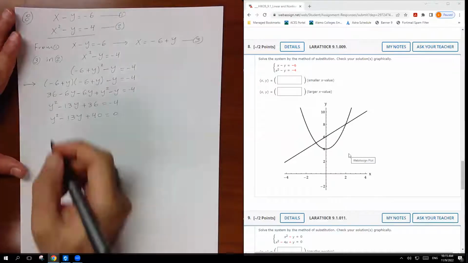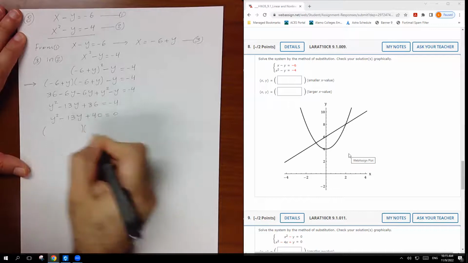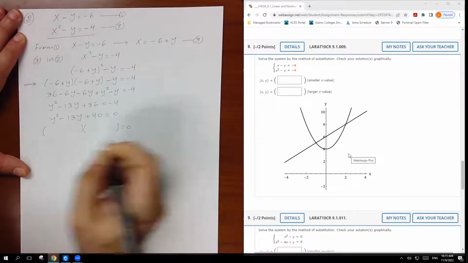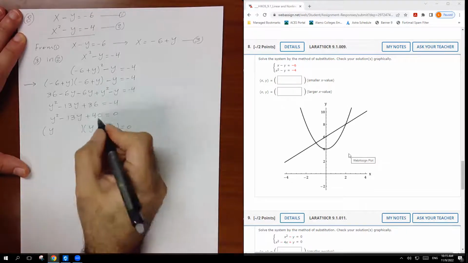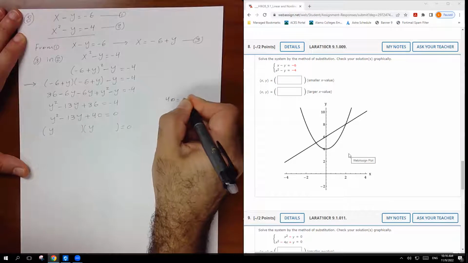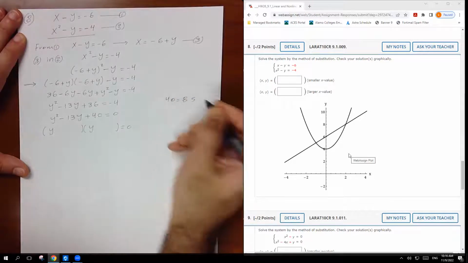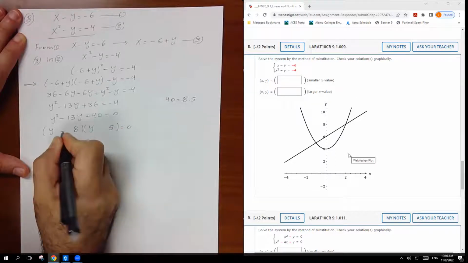Now I need to solve this one to find the value of y. So let's factor this one. It's a quadratic. So I'm going to open 2 parentheses equals 0. 1y here, 1y here, and 40 is, I'm going to use 8 times 5. So I'm going to put 8, put 5 here, minus and minus.